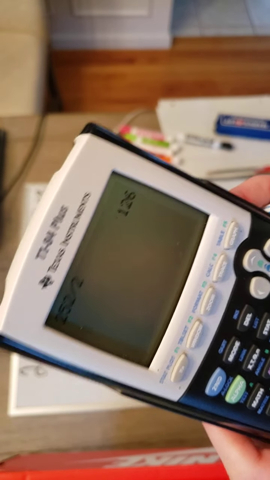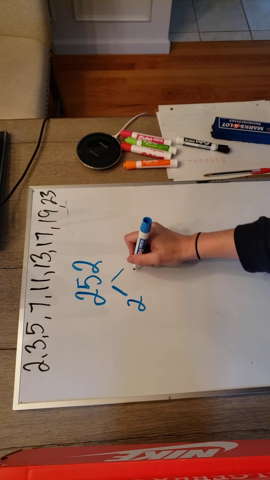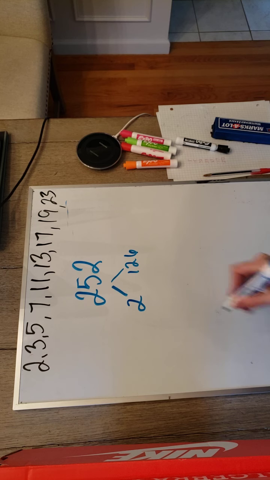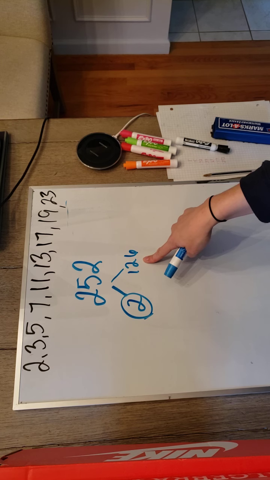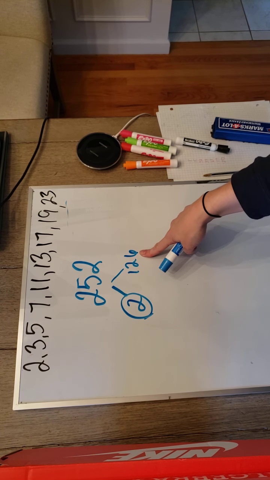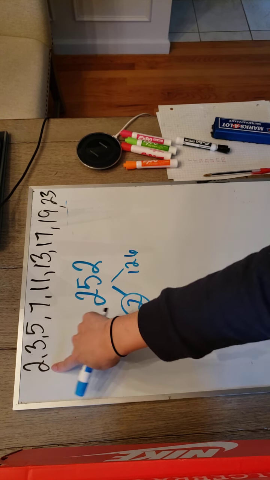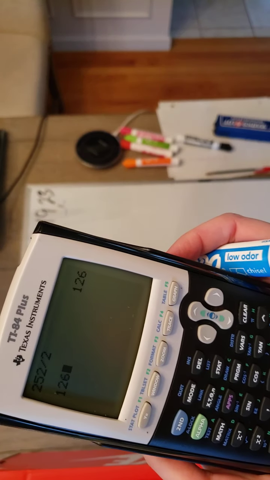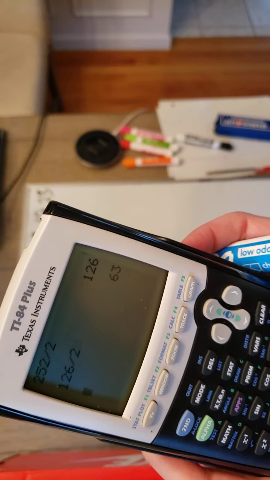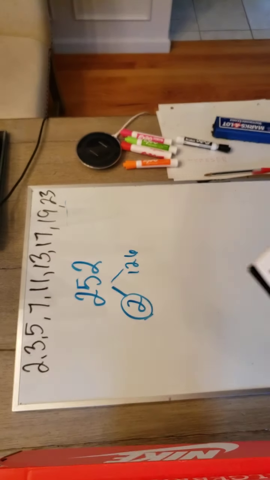You get 2 and 126. Are either of those prime? 2 is. You probably have no idea if 126 is prime, but you know it's an even number, so it's divisible by 2, so it's not prime. So take 126 and divide it by 2, and you get 63.